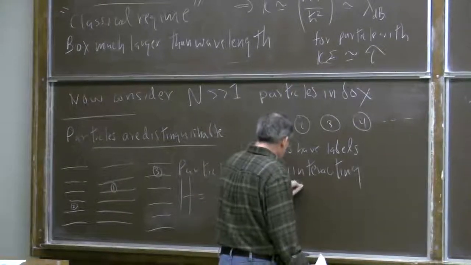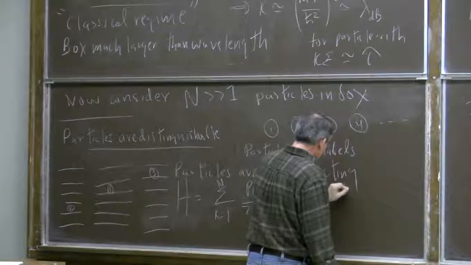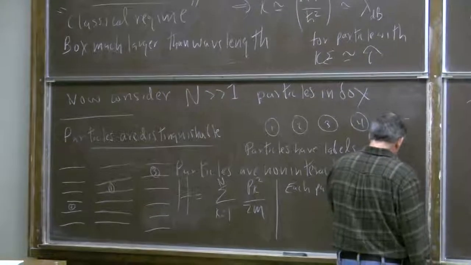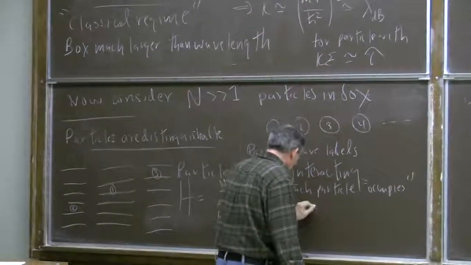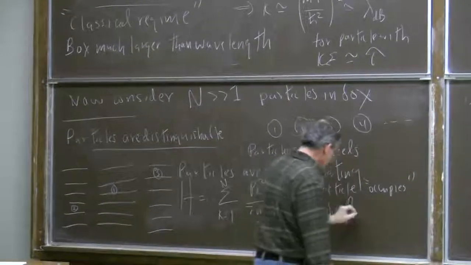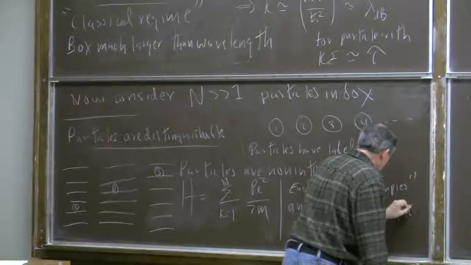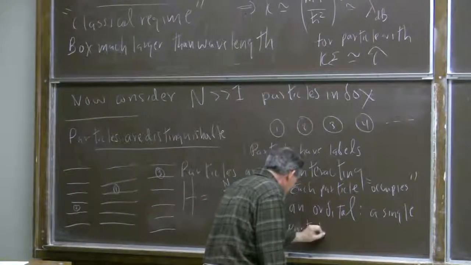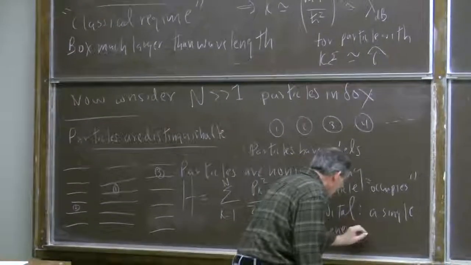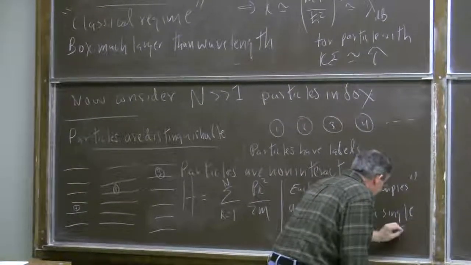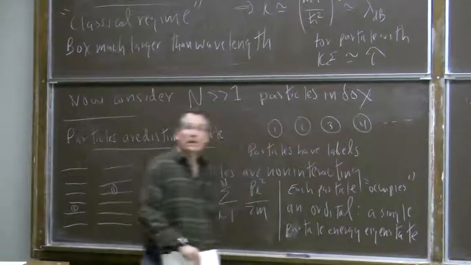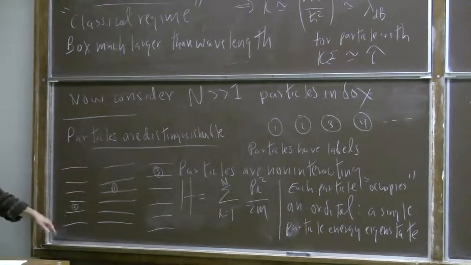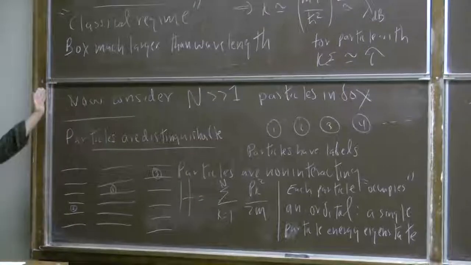So each particle, we can say, occupies an orbital, a single particle energy eigenstate in the box. Now I want to sum over all states to compute the partition function. Summing over all states means for each particle, summing over all the possible orbitals it can be in.